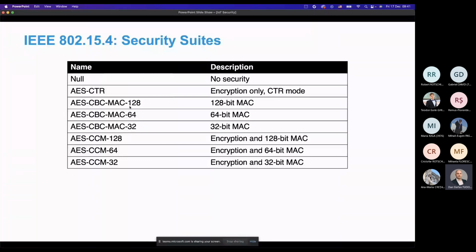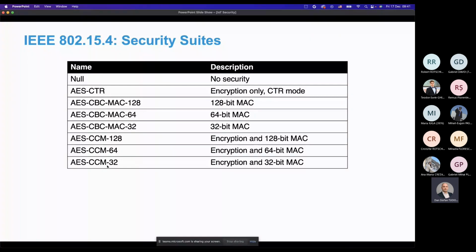So AES-CBC-MAC, for example, 128-bit, 64-bit, and 32-bit. These are only for authentication. And then a group for both authentication and encryption. So AES-CCM on 128, 64, and 32 bits, respectively. Suites that offer authentication differ in the sizes of the MAC.